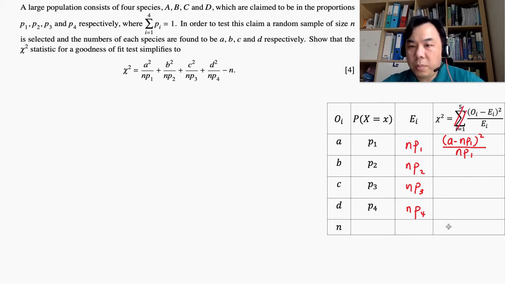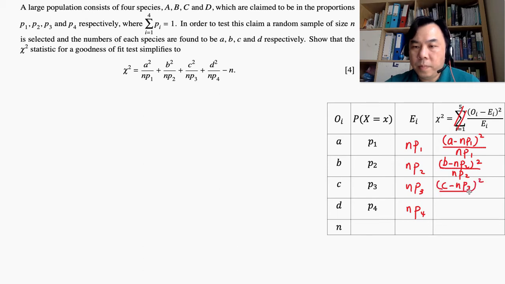I should put the summation at the end when I want to sum up all these individual expressions. We can repeat the same process for the second one, with P2, and then C, and after that D.